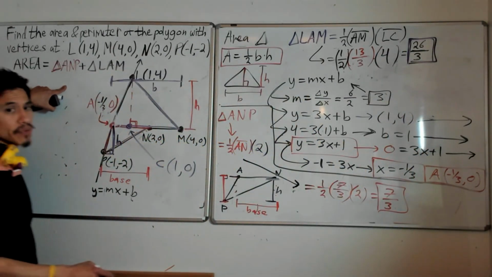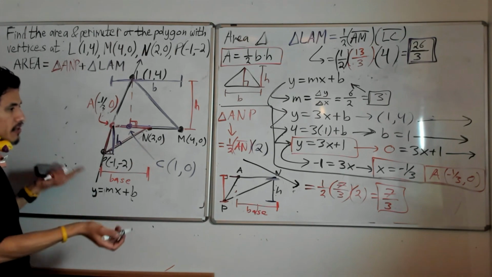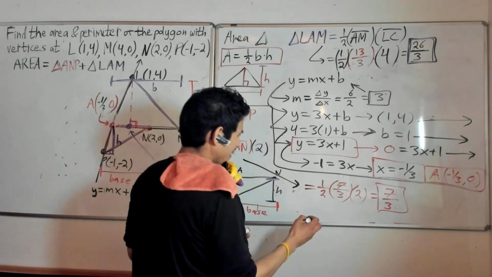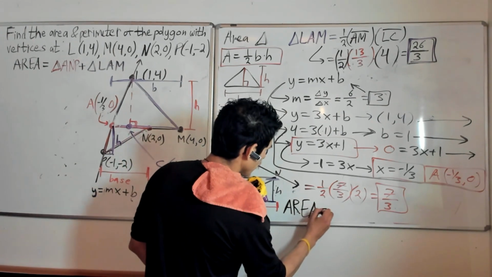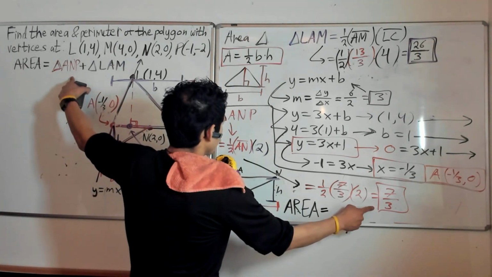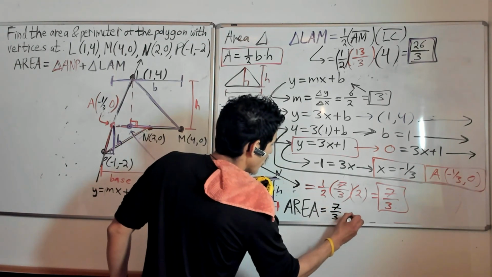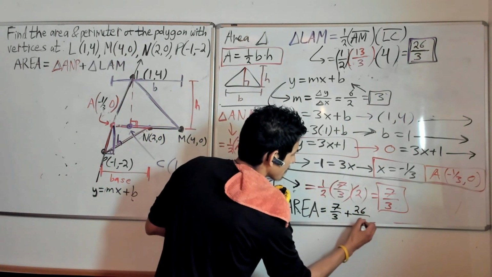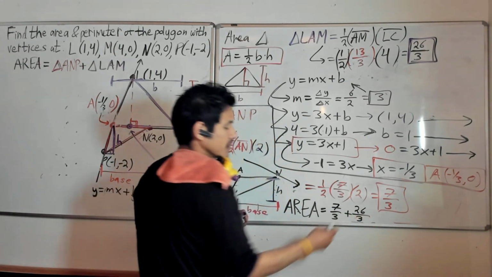So going back to our ANP plus our LAM, the area will be equal to the area of triangle ANP, which we have right here, which is 7/3, plus the area of LAM, 26/3.